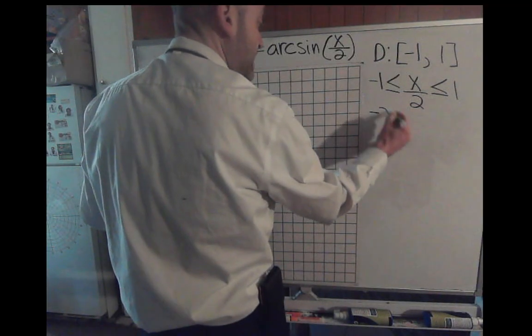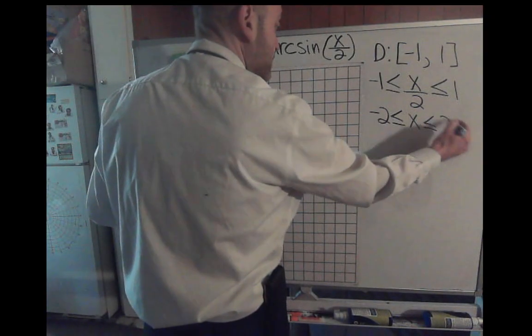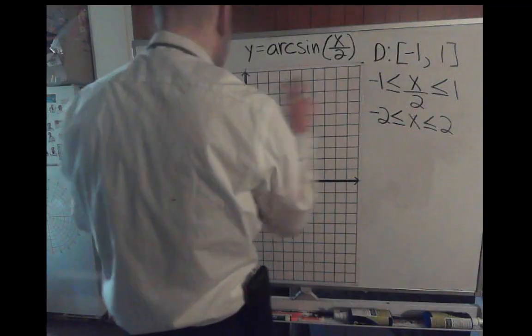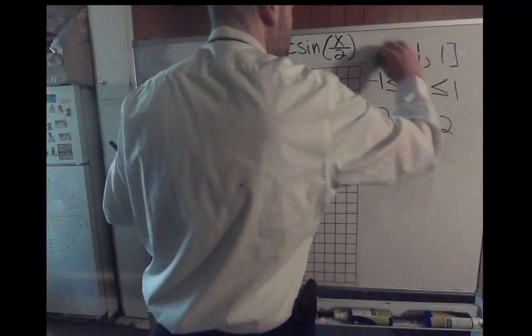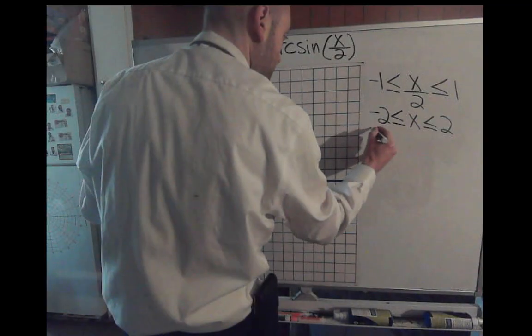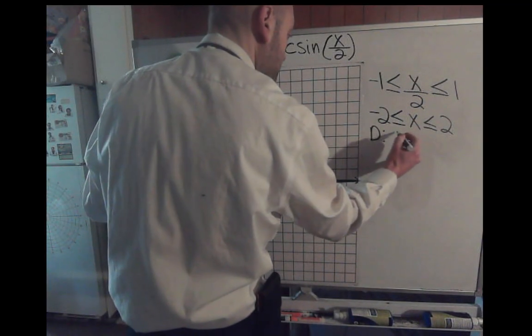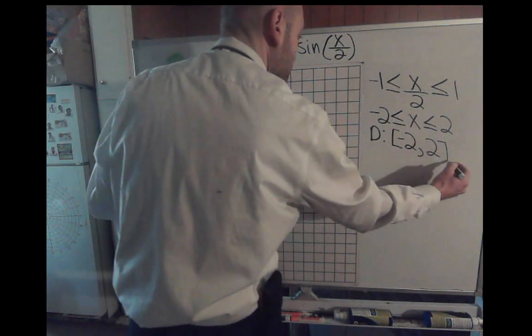You should get that -2 is less than or equal to x, which is less than or equal to 2. So your actual domain in this case is going to be from -2 to +2. So that's actually just changed your domain. So the domain is -2 to +2.